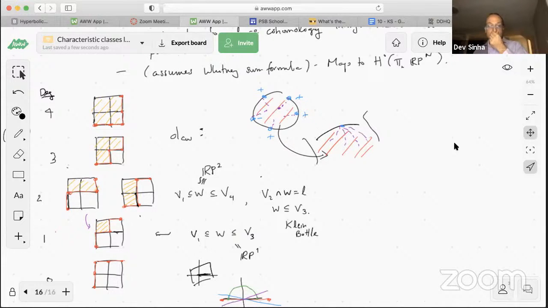What about this other differential here? So then I've got V2 intersect W is L, W is inside V3. So now W sits in V3 either way. And then the question is, okay, how do we degenerate from V2 intersect W equals L to V1 is contained in W?